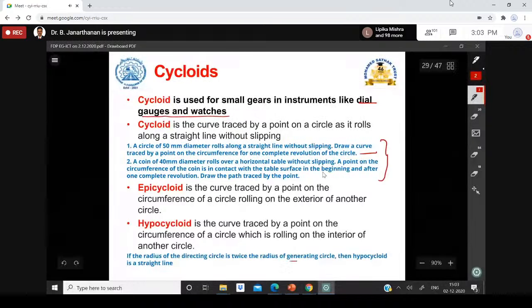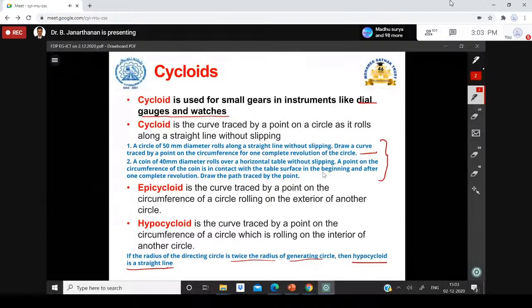So when the relation between the generating circle and the directing circle is like this, twice, then the hypocycloid will be a straight line.